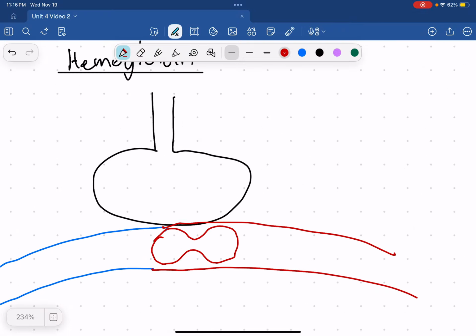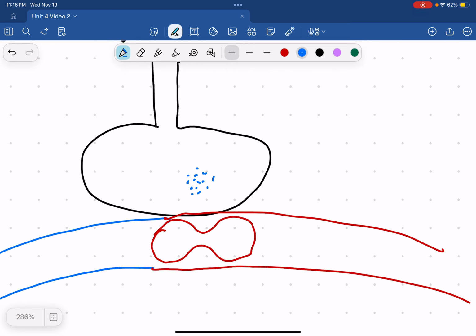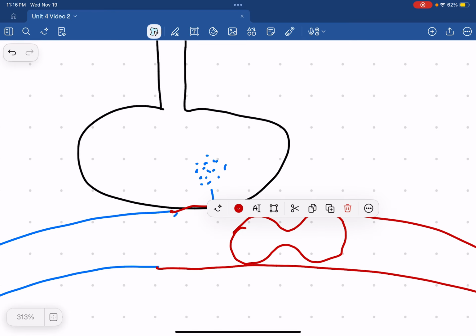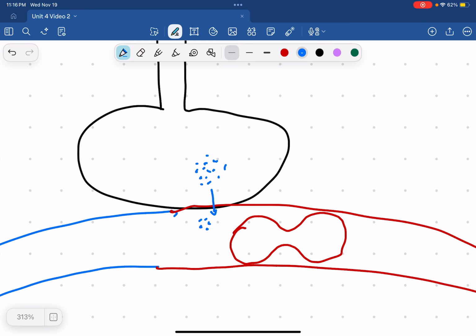And so oxygen has to get from the lungs into the bloodstream first. So let me move my hemoglobin molecule right there. That's fine. Oxygen has to get from the lungs into the bloodstream first. So as oxygen diffuses from the lungs into the bloodstream, it now can bind to hemoglobin.